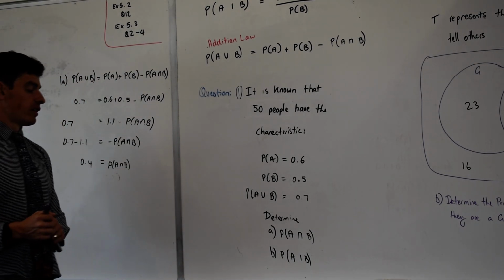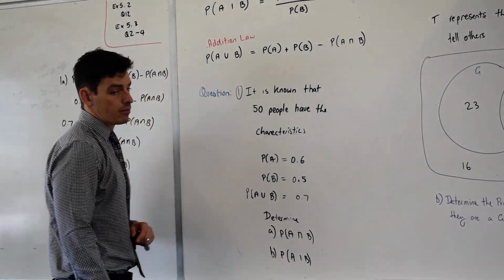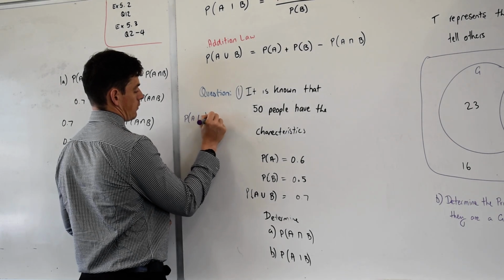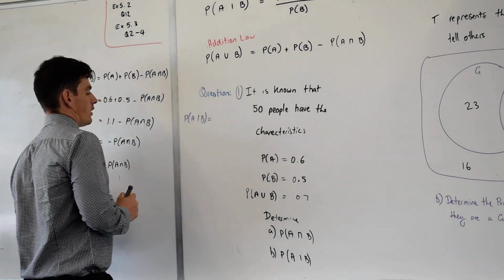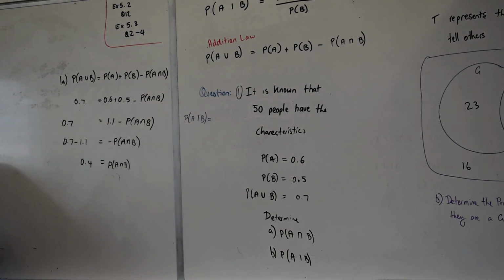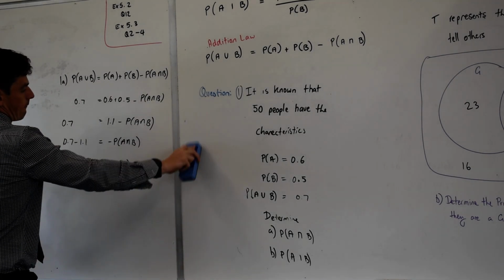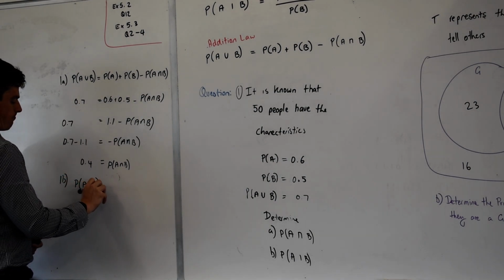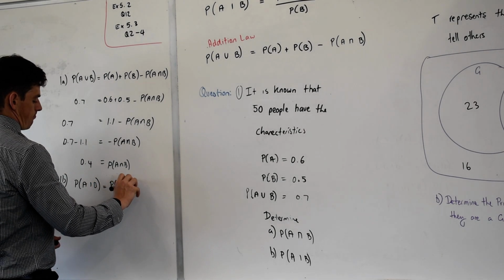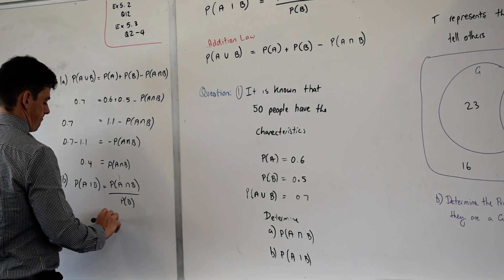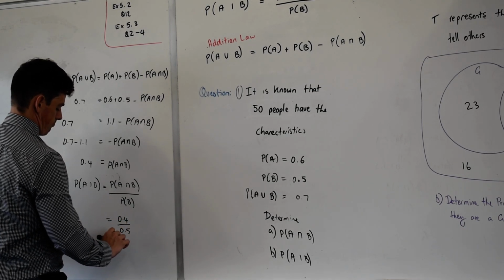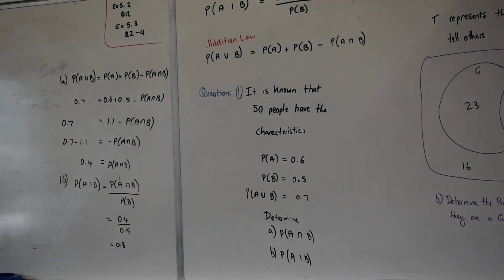So now we need to use our known values to find the probability of A given the probability of B. You got 0.8? Very good.